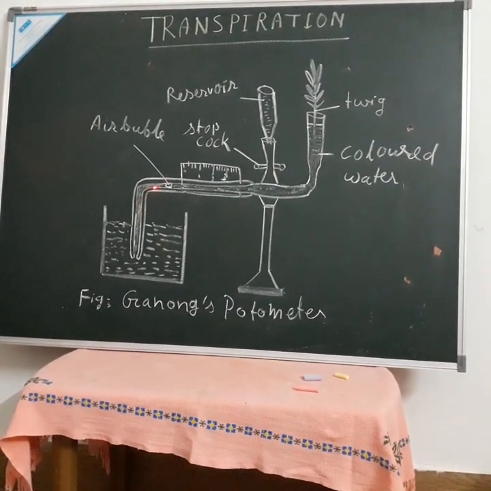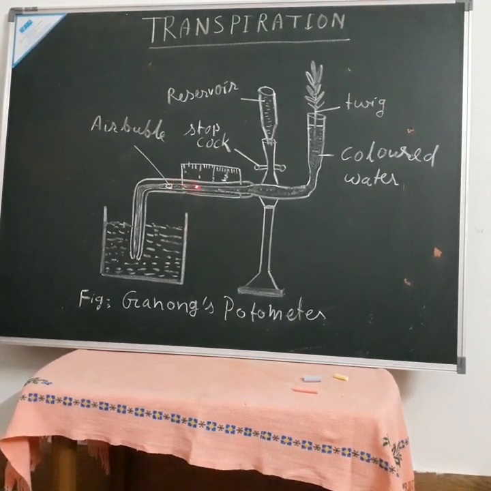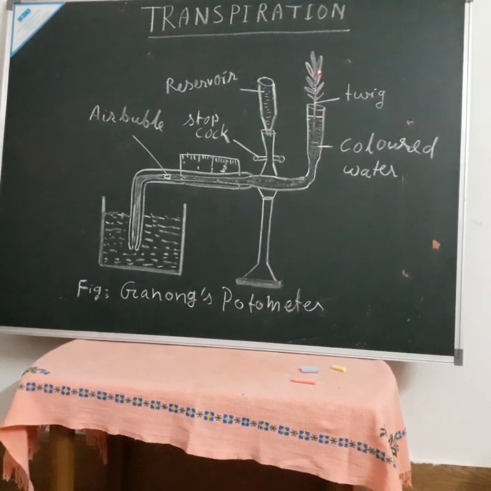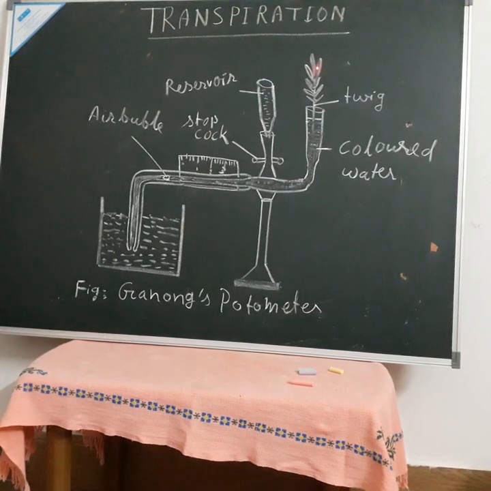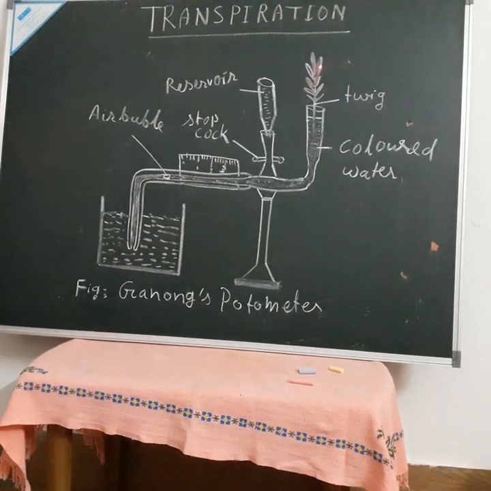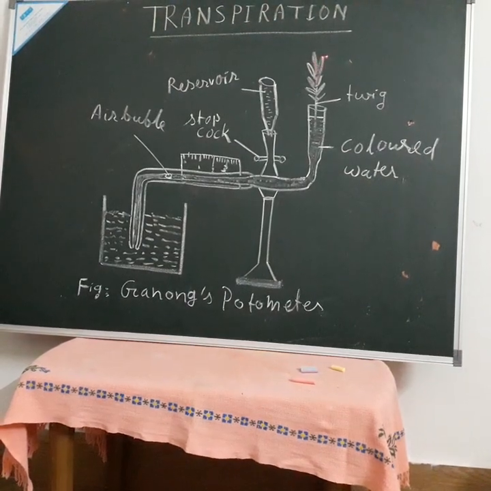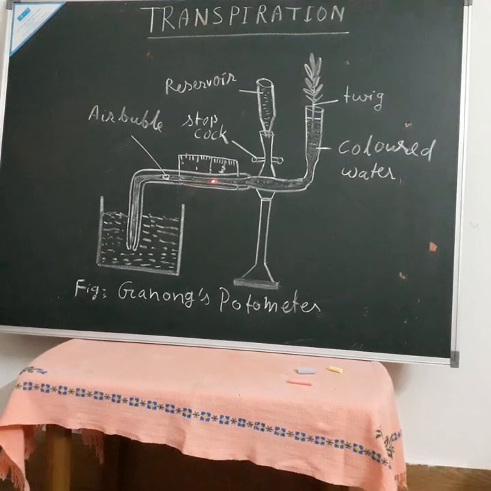You can see here the air bubble is moving in the capillary tube as the water is lost by the twig. Water is lost through this twig in the form of water vapor, and the air bubble moves along the capillary tube.